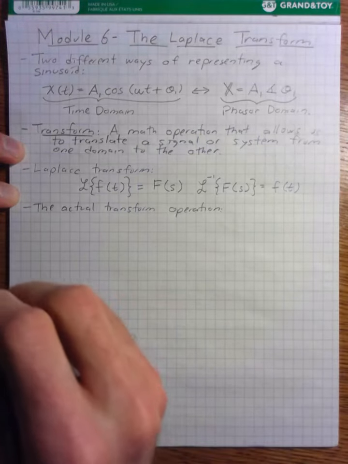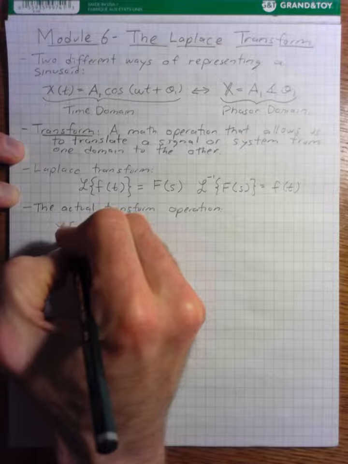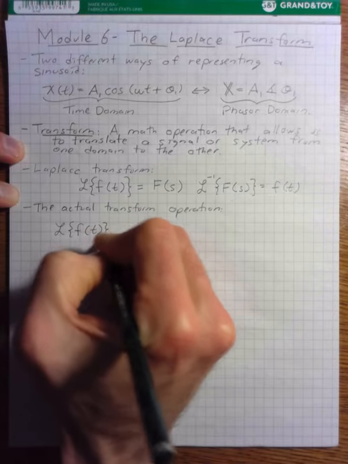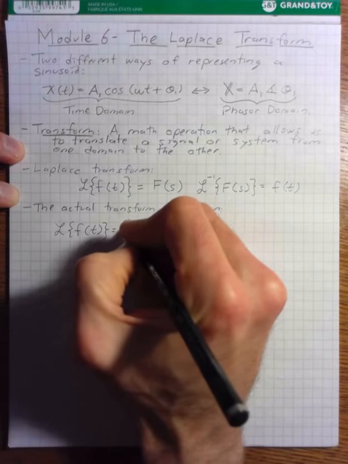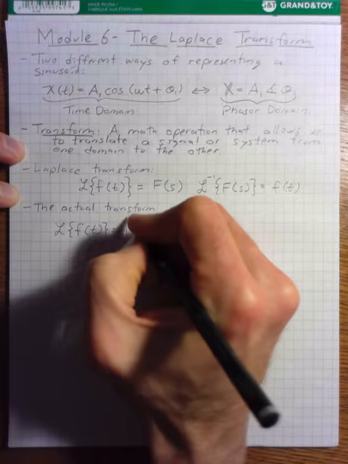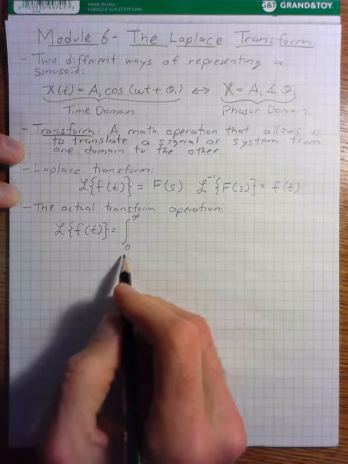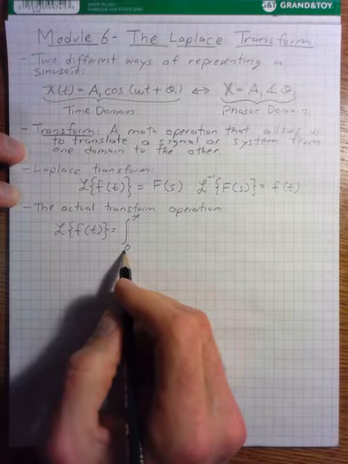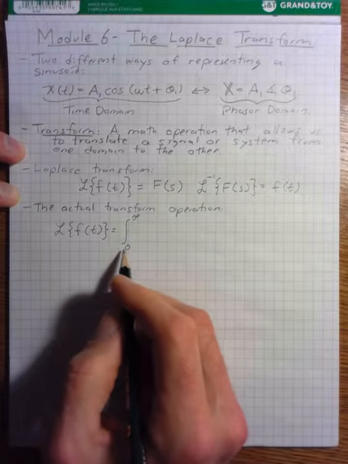So when we take the Laplace transform of f of t, the actual integral is from 0 to infinity. We start at 0 because in this class we're going to assume that we're dealing with causal signals. Causal signals exist only for positive values of time.